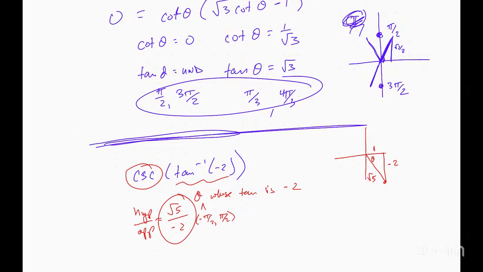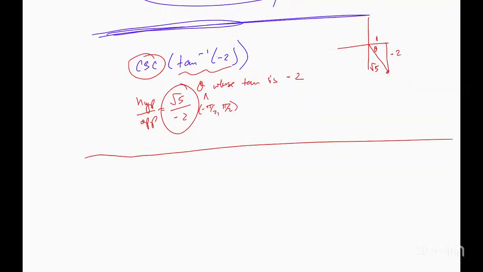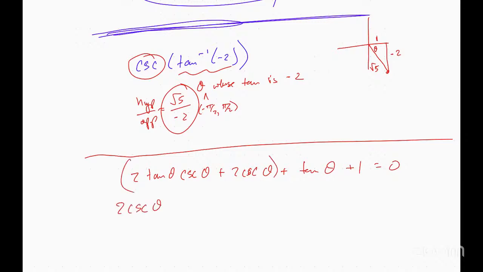Number 10. They even gave you a hint on this one, factor by grouping. So we have tan theta cosecant theta plus 2 cosecant theta plus tan theta plus 1 equals 0. So factor by grouping. We group these two and take out a 2 cosecant theta, and we're left with tan theta plus 1 plus 1 times tan theta plus 1.